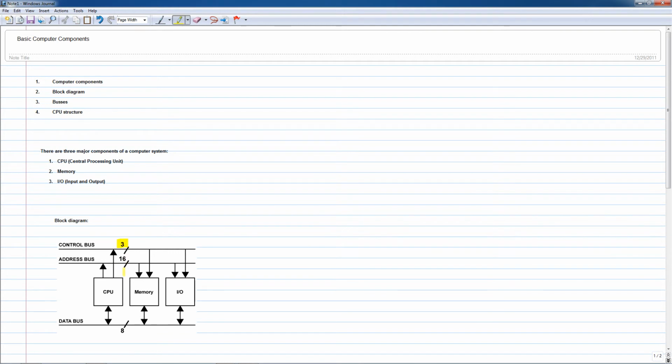For example, here we have 3 lines in this control bus, 16 lines here in this address bus, and 8 lines in this data bus. Now that varies between computer sizes and microprocessors and microcontrollers, so that could be different, but this would be just a basic one.